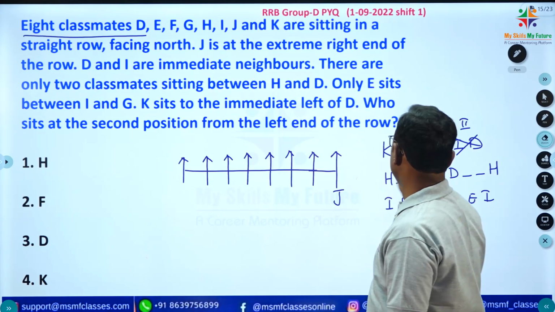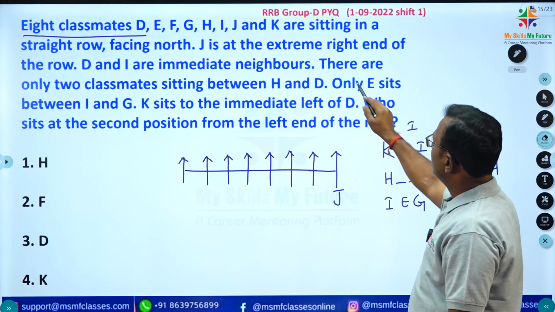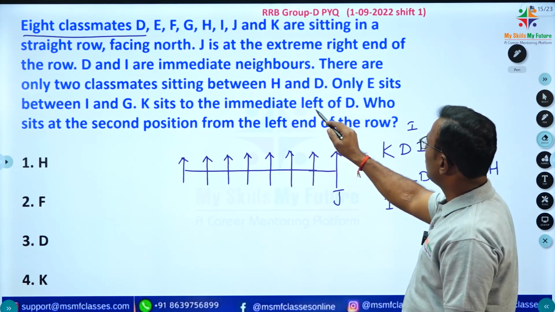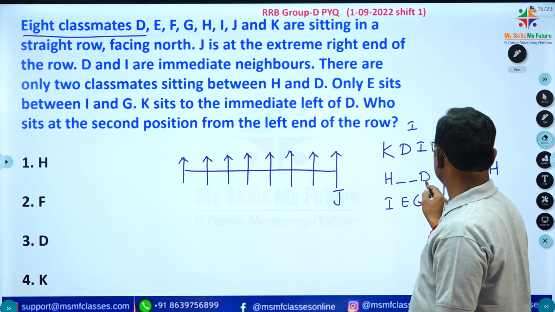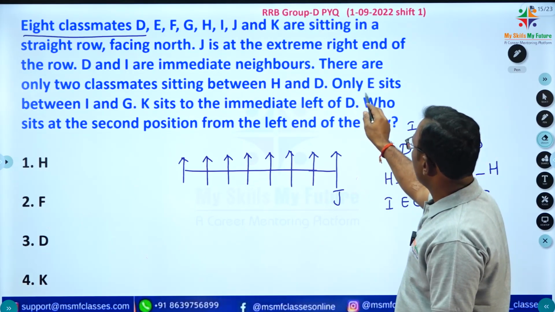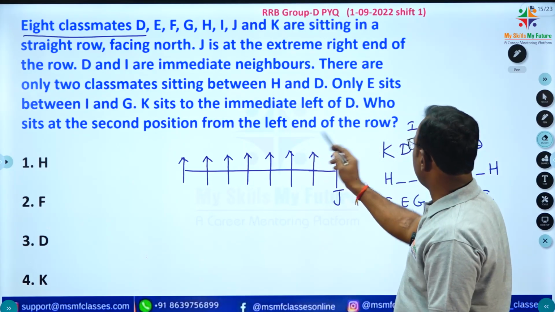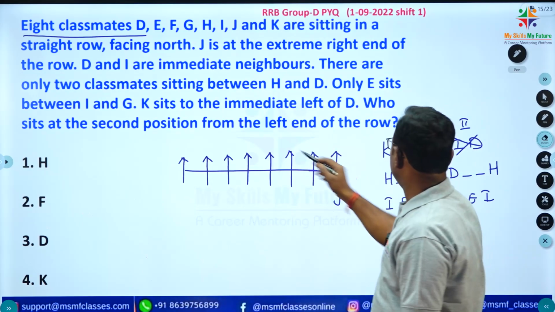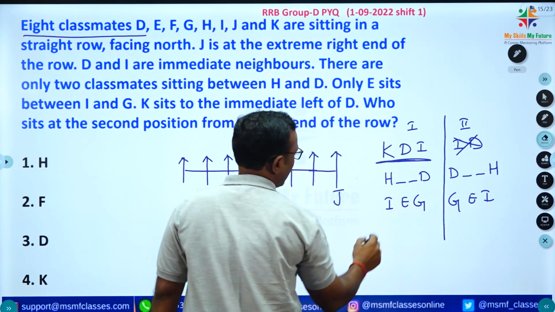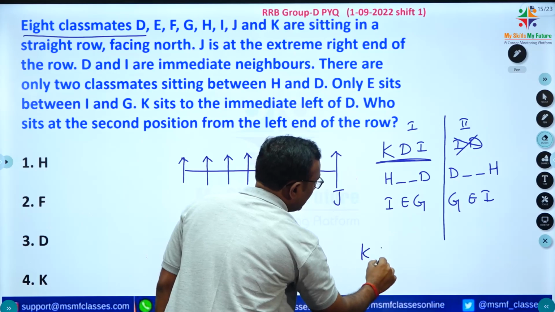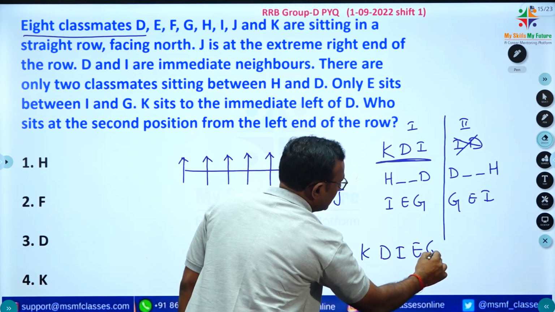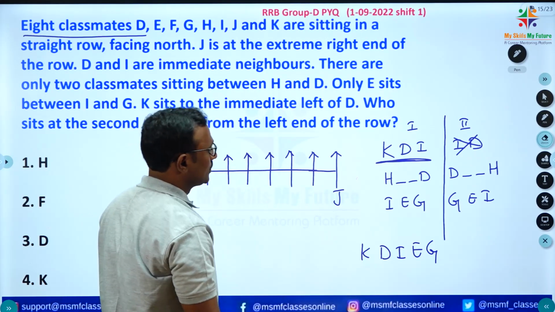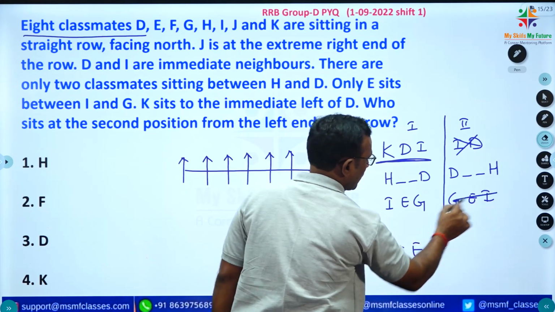D and I are immediate neighbors. There are 2 classmates sitting between H and D. Only E sits between I and G. So for this we can write K, D, I, E, G. So this will cancel.